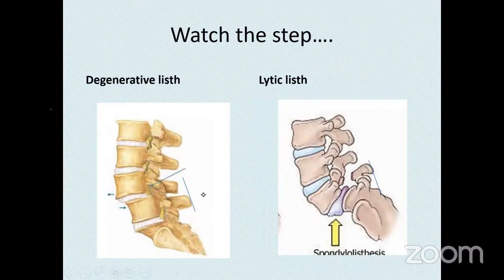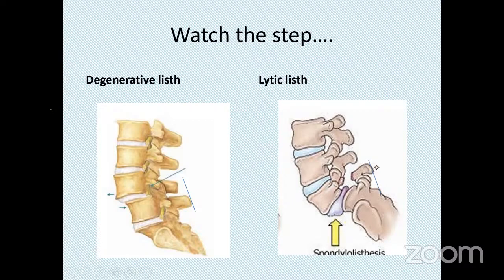So if we see on the left side, the degenerative listhesis, the step is at L4-5 and the listhesis is at L4-5 itself. Same picture, you get a step at L4-5 on the right side, but here if you notice, the listhesis is at L5-S1 vertebrae. Why? Because in lytic listhesis, only the body goes forward.